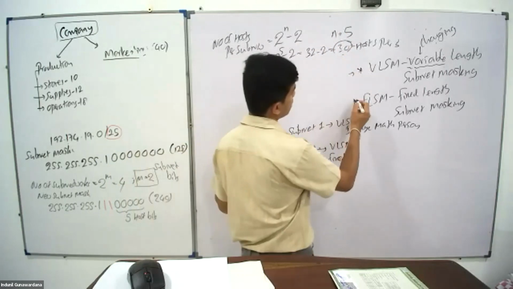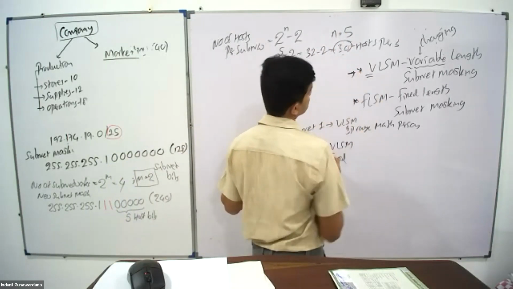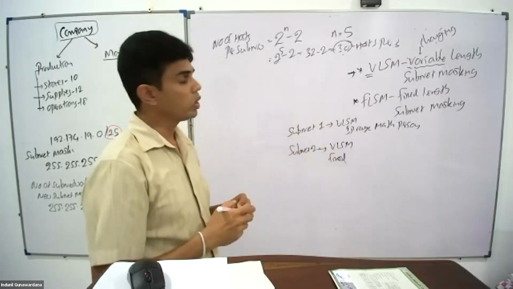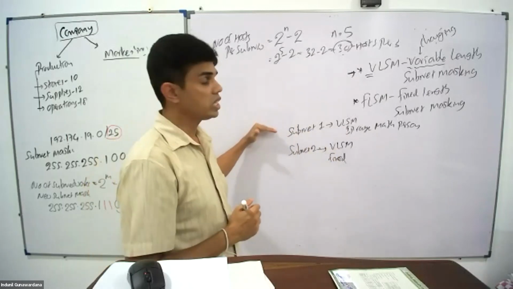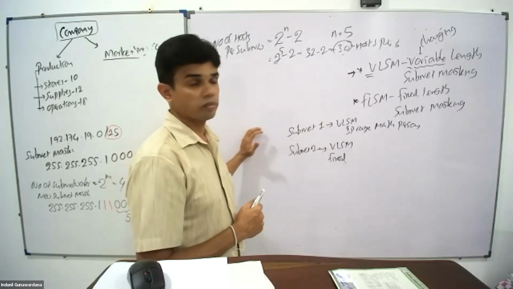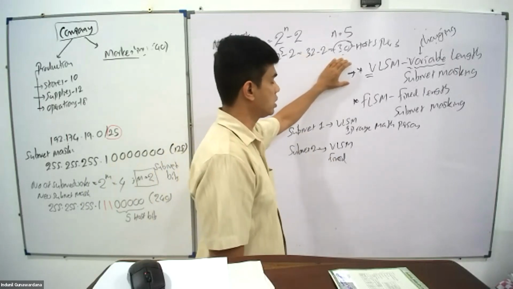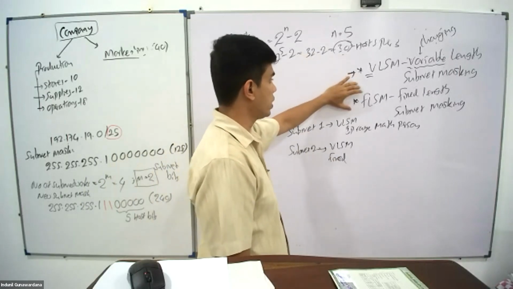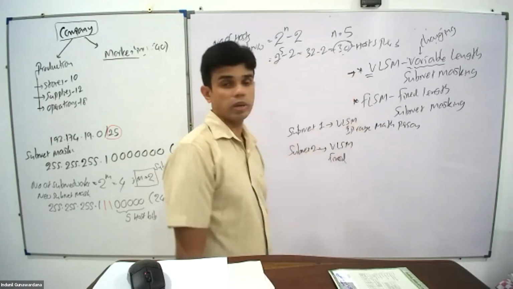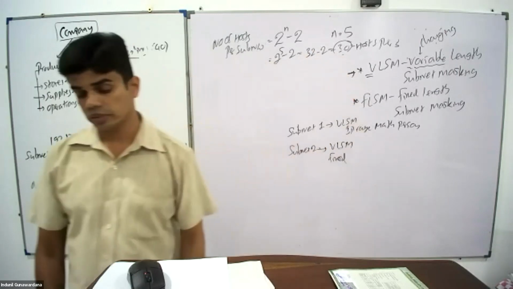Then this is the idea behind FLSM and VLSM. So VLSM means variable length subnet masking. After the calculation, the subnet mask changes from situation to situation. Like the next subtopic, VLSM, variable length subnet masking. Next one, FLSM, fixed length subnet masking. Take those 2 topics together.